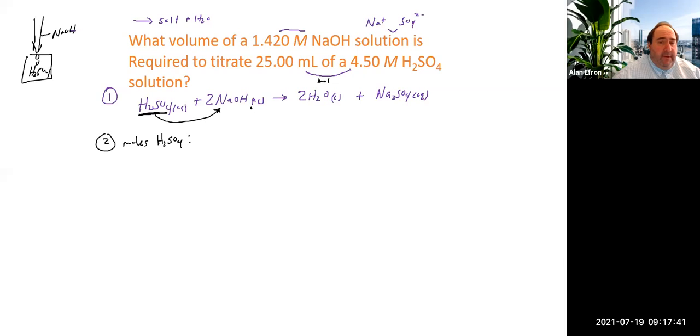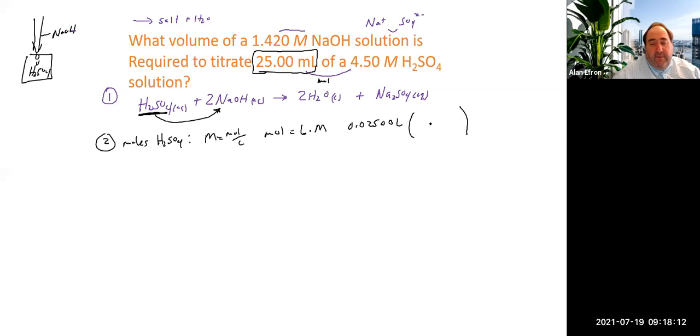A couple important things. First off, obviously molarity is our moles per liter, which means moles would be liters times molarity. So first off, we do need to convert this into liters here. If we do that by dividing by 1,000, or just moving our decimal place over, that gets us to 0.025 liters.